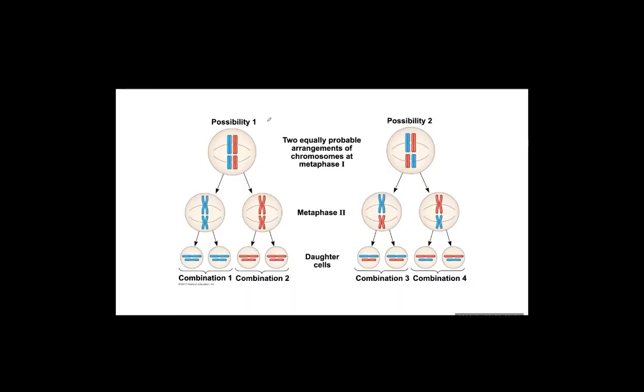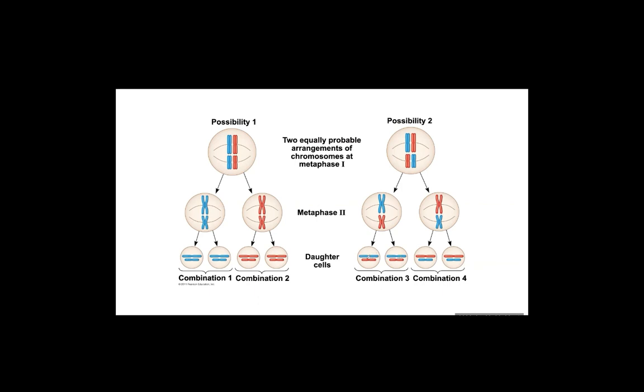So this is a simple example. Possibility 1, there are 4 chromosomes, right? And then after meiosis, you have 4 daughter cells, and each daughter cell has these kinds of chromosome combinations. The other possibility gives you a different chromosome combination.